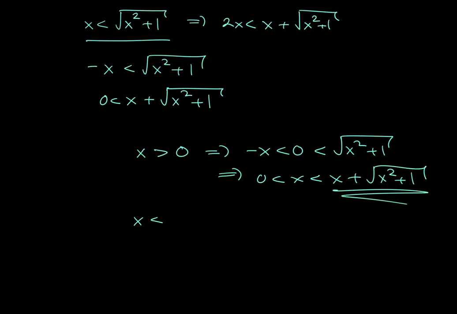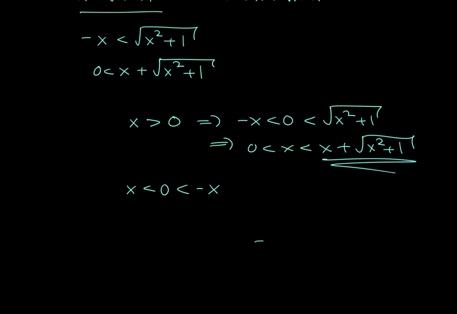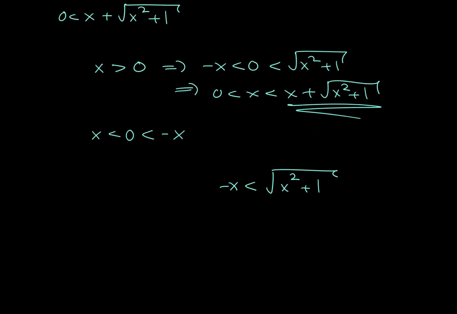What if x is less than 0? Well, 0 is certainly less than... Well, that means negative x. Oh, yeah, I think we can do this. If x is less than 0, that means negative x is bigger than 0. But I want to show that negative x is still less than the square root of x squared plus 1. And I can do that like this.